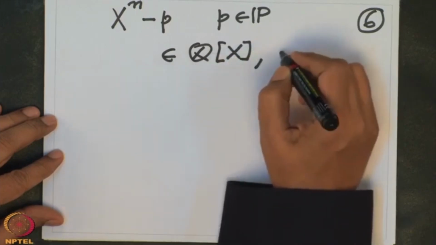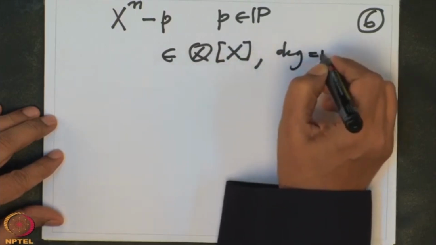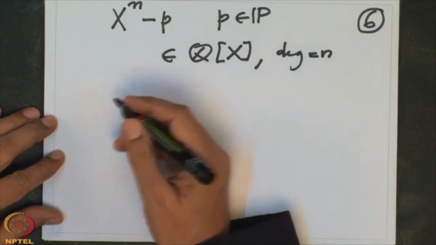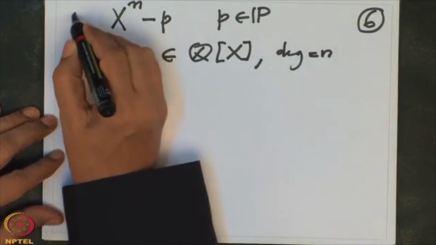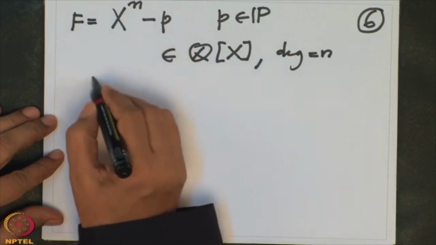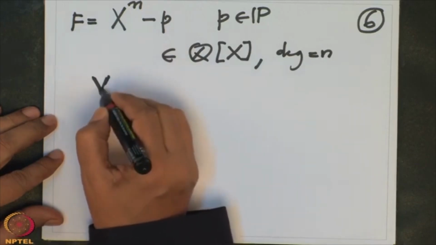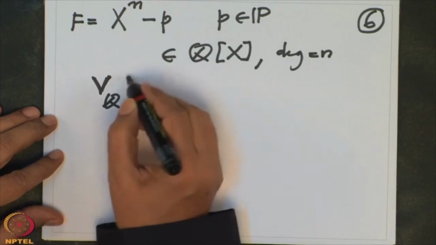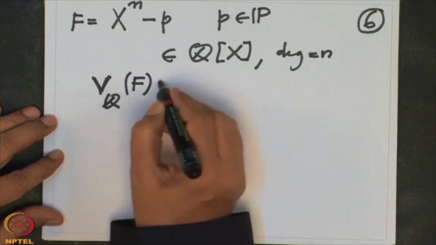The degree is n and it has no zero. This is f. Better to use this notation again and again, so it gets fixed. V_Q(f) is the empty set.